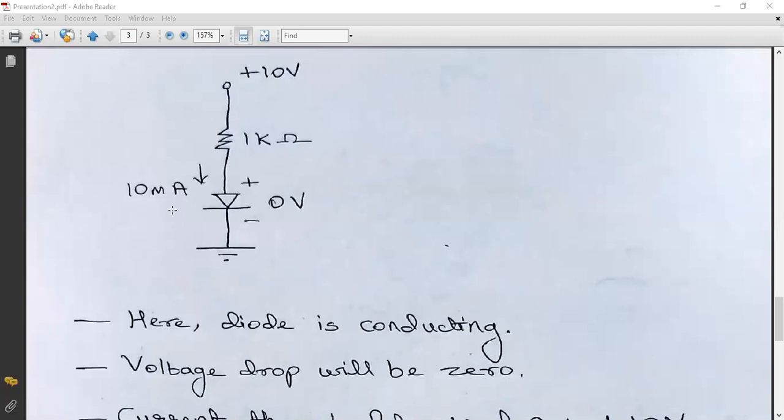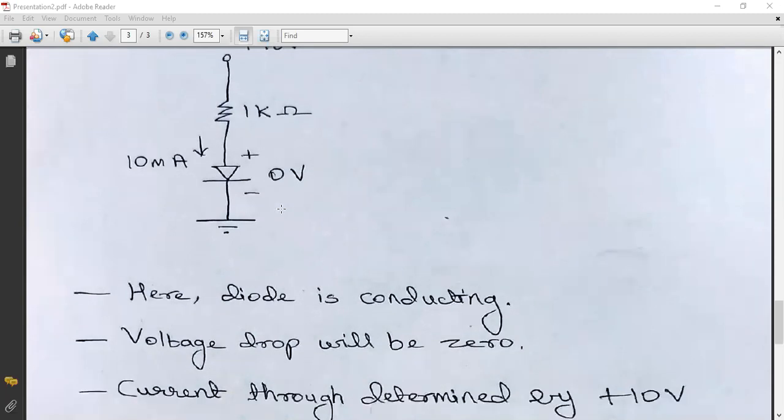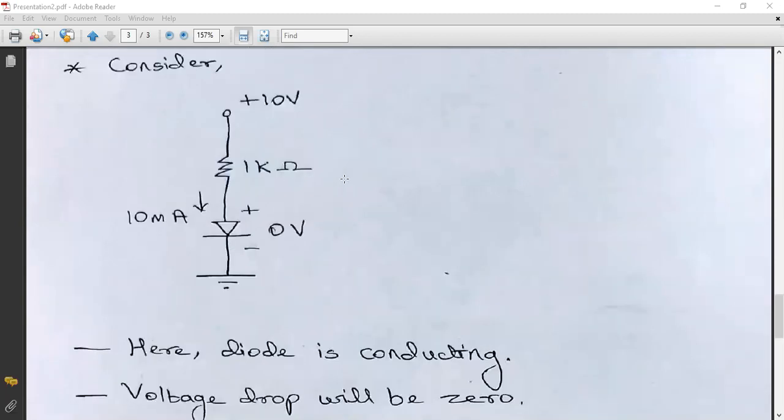We can see the diode is forward biased because the positive terminal is applied to the anode and the negative terminal is applied to the cathode, right? So this diode is now in the conducting state. Therefore, the voltage drop will be zero, because we have seen already that in the conducting state the voltage across an ideal diode is always 0 volt.